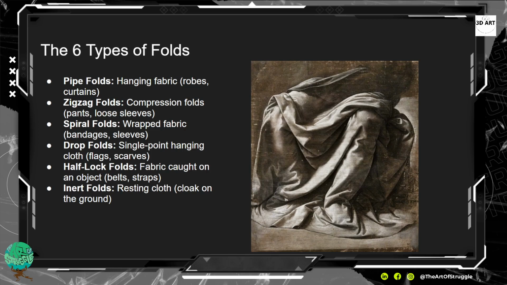We've got spiral folds, which are wrapped fabric, bandages, sleeves, things like that. We've got drop folds as well, which are single point hanging cloth like a flag or scarves. And we've also got half lock folds, which are fabric caught on an object like a belt or strap, something that's wrapped around you, right?